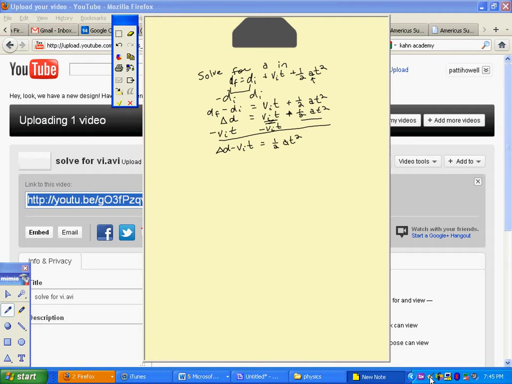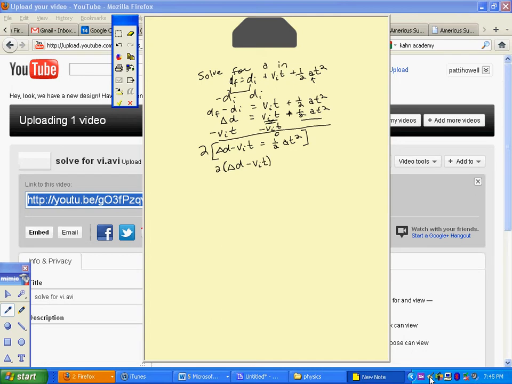Now, this 1/2, a little bit ugly. So the way that we can get rid of 1/2 is to multiply both sides through by 2. Now on this side, I get 2 times my change in distance minus vit.